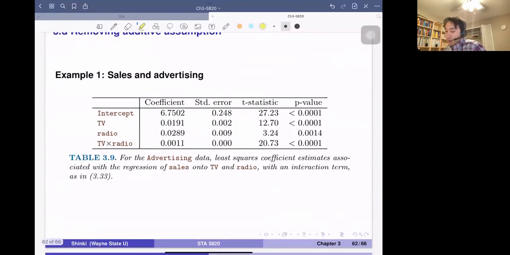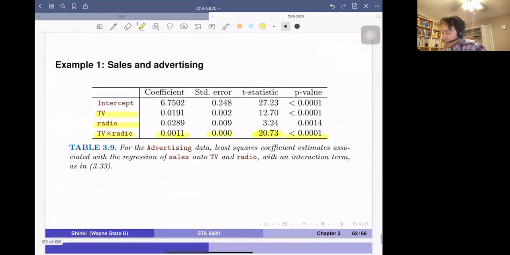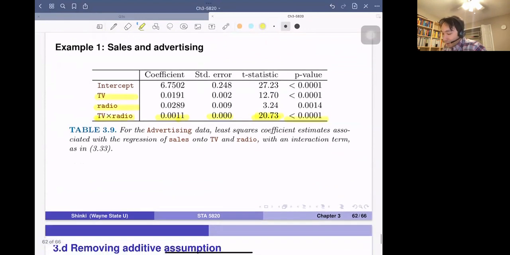This data set, the sales advertising data, is really made well: sales on the TV advertisement and the radio advertisement. If we include the product of TV and radio, then this factor is actually significant with a very small p-value.